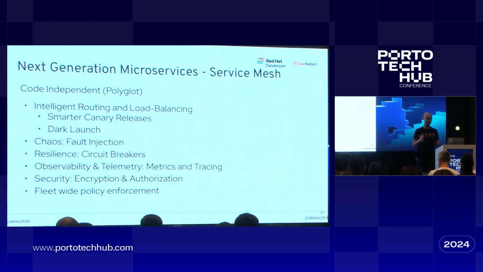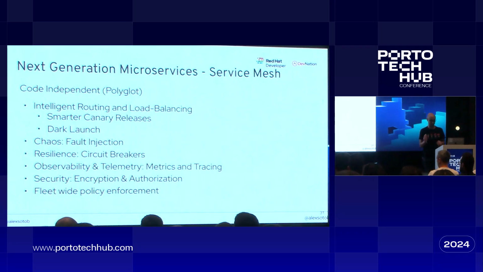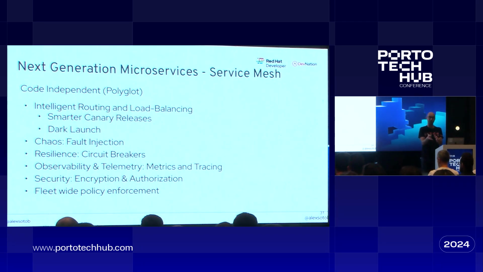What is the great thing about Istio? First of all, it's polyglot. It means that you install it in your cluster and it works with any language. You can use one service in Python, another one in Java, another one in JavaScript, and it works in the same way. You do not need to change anything. It lets you do intelligent routing and load balancing. As I said in the previous slides, you are able to apply these YAML files to do canary releases or dark launches.